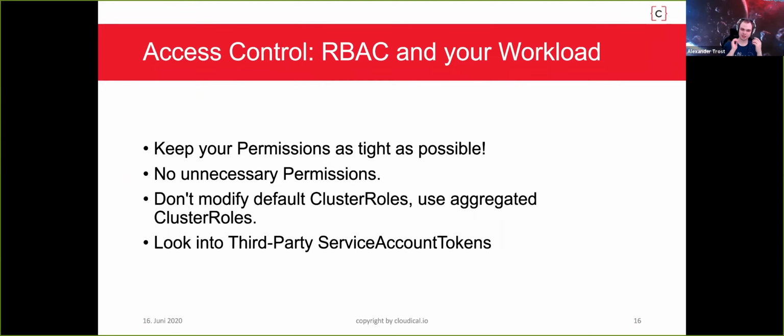By keeping it as tight as possible, an application won't have unnecessary permissions. You might say they're not necessary for the workload, but what if someone bad sees that there are more permissions on, for example, the service account token of an application and does something bad with those permissions. So keep the permissions as tight as possible for your workload and applications.